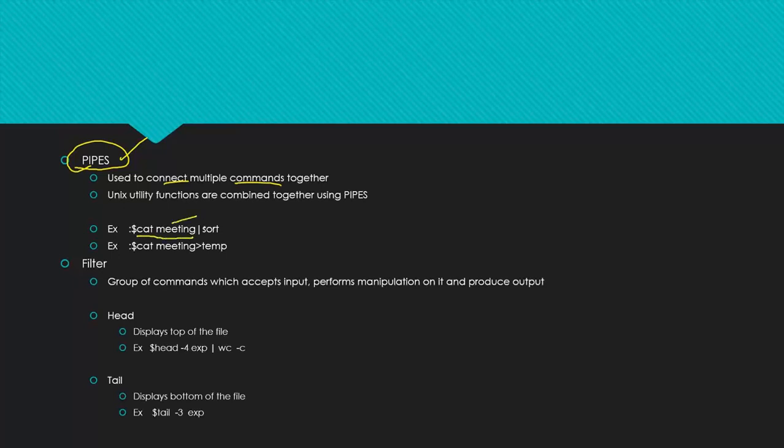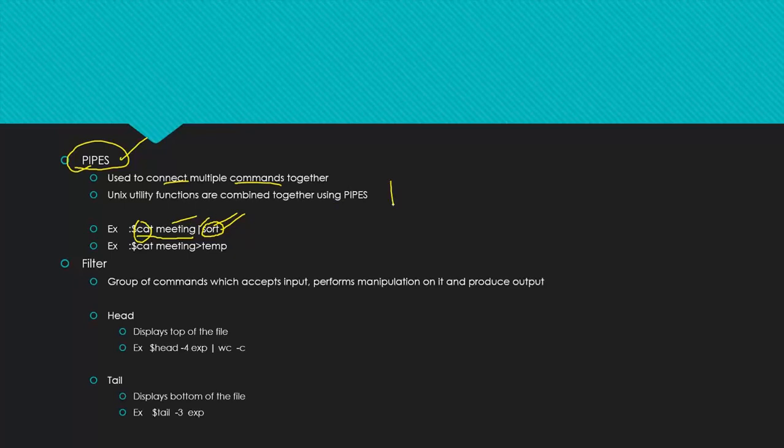Say, for example, meeting is the file name, and I want to sort the data that is present in the file, in ascending or descending order. Then I'll use the command called sort. Now this cat command is combined with one more command called sort by using the pipe symbol.